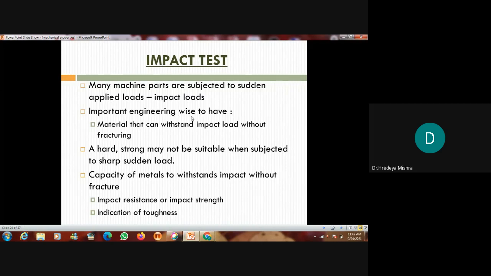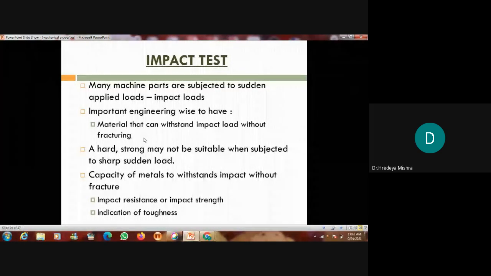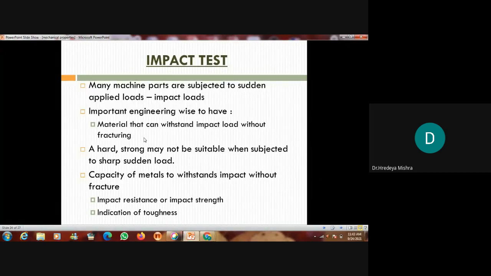It is important, engineering wise, to have a material that can withstand impact load without fracturing. Means what happens?